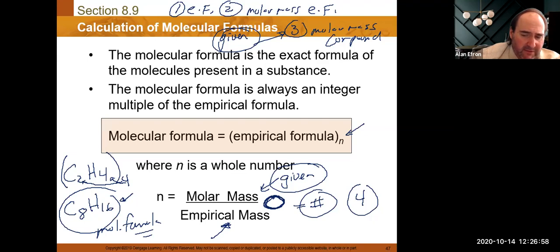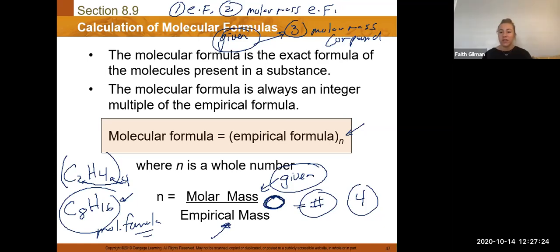Usually it should be pretty close to a whole number. Even if it's not so close, in this calculation it's usually okay to round to the nearest whole number, not so much in the empirical formula calculation. Questions on that?